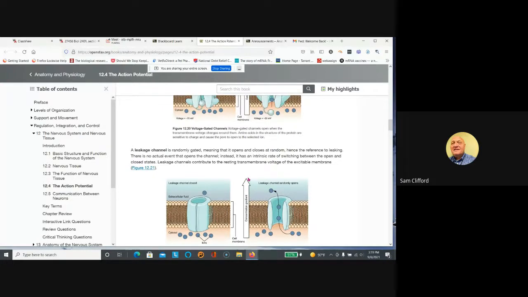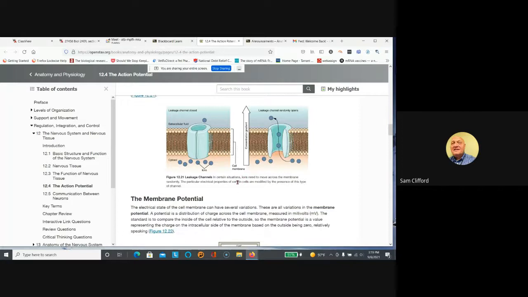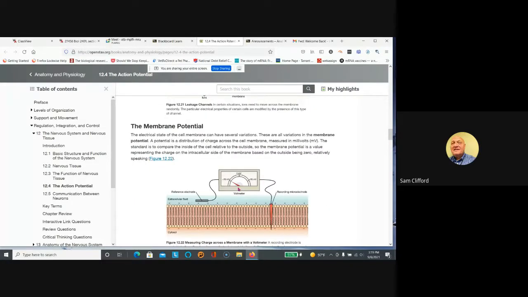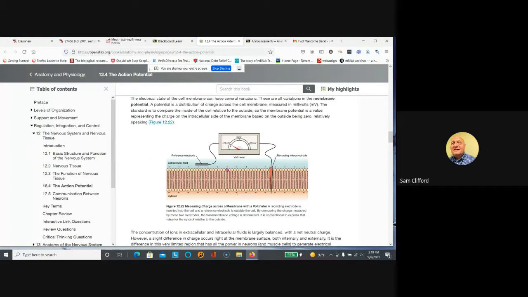Because there are charged particles inside the cell and charged particles outside the cell, when you have a reference electrode and you stick a very, very small piece of glass that's been pulled to a point and is open at the end, you measure that the inside is negative to the outside of the cell. There are a lot of proteins and other molecules that stay inside the cell.